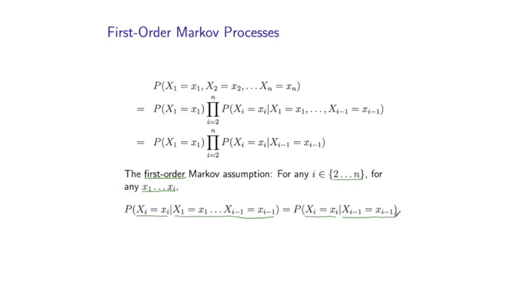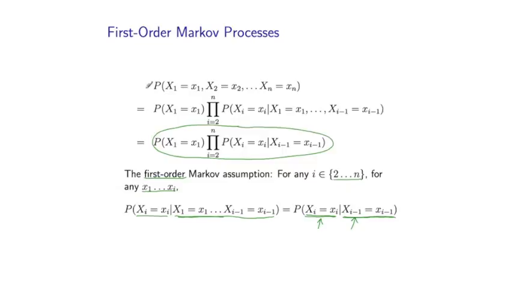So we've essentially made the assumption that this random variable at position i depends only on the value for the random variable at i minus 1. To be a little more precise, this independence assumption is saying that this random variable is conditionally independent of all the previous random variables once I condition on i minus 1. So everything up to i minus 2 is irrelevant.